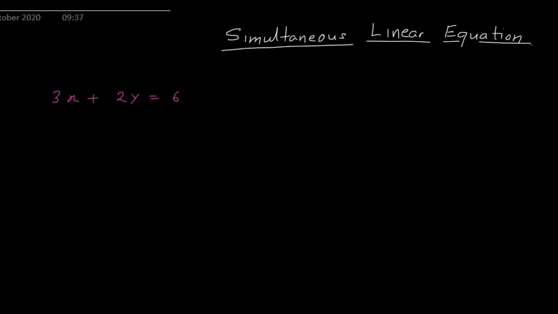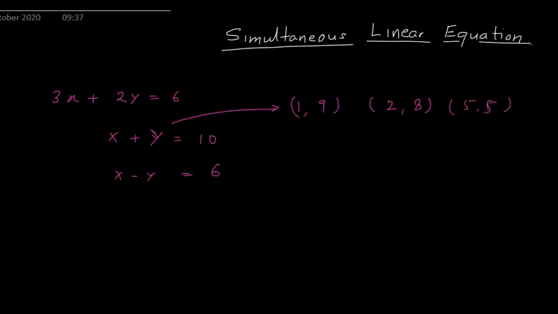For example, if I have x plus y equal to 10, and I have one more equation x minus y equal to 6, then for this equation x plus y I have many solutions, like I can take solution as 1, 9, I can take solution as 2, 8, 5, 5, then I can take 8, 2 and so on. So these are various solutions for this x plus y equal to 10.